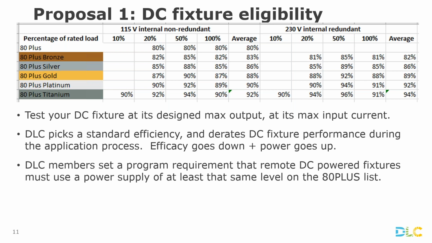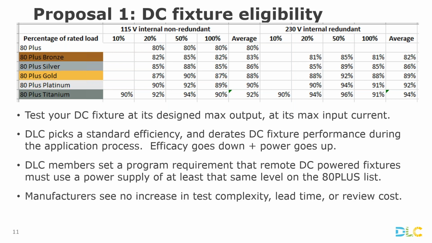The idea being that the efficacy number we're publishing on our website here at DLC is based off of that efficiency value. And so if it's less than that, then the utility would see a lower effective efficacy. But if it was higher than that, then perhaps they might be inclined to give you an extra adder because you're being even more efficient.